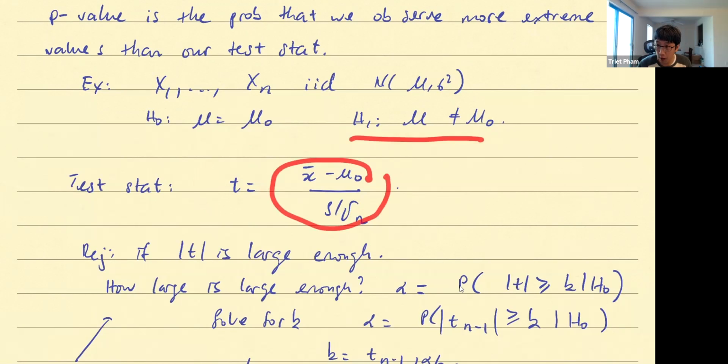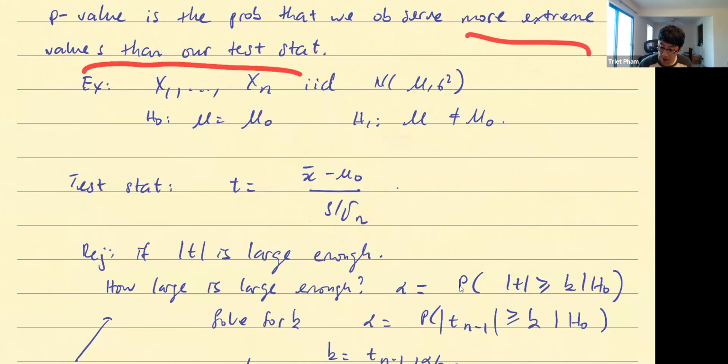I mean, too positive or too negative. That explains the absolute value. Because if it's too positive, that means this is very big compared with this. If it's too negative, that means this is very small compared with this. So in other words, more extreme than my test stat takes on two possible cases, because of the two-sided test.